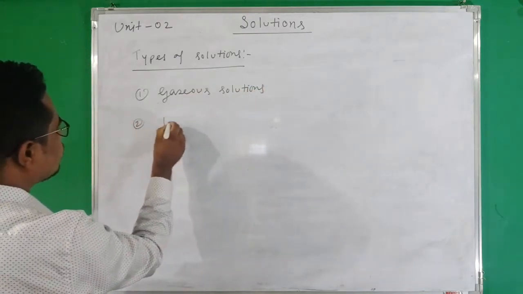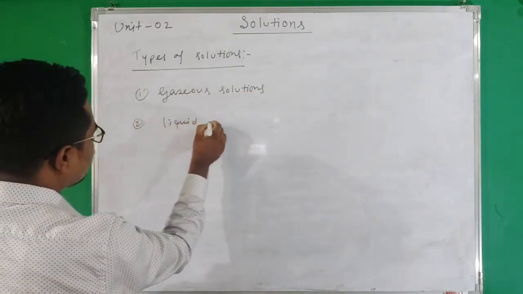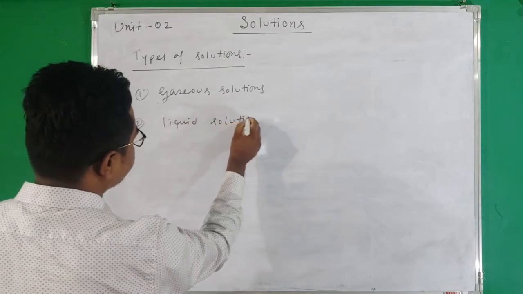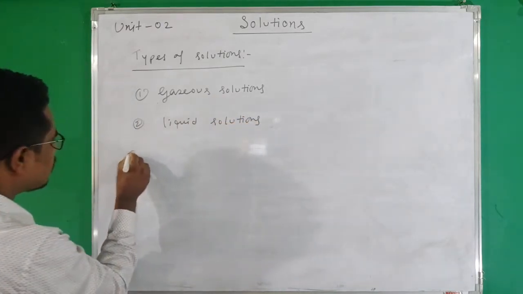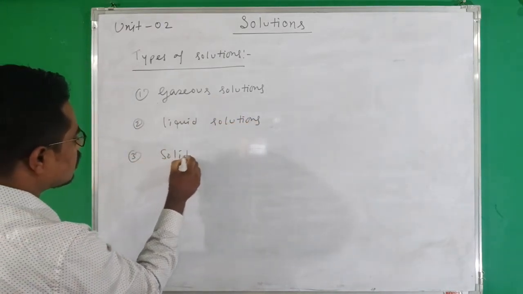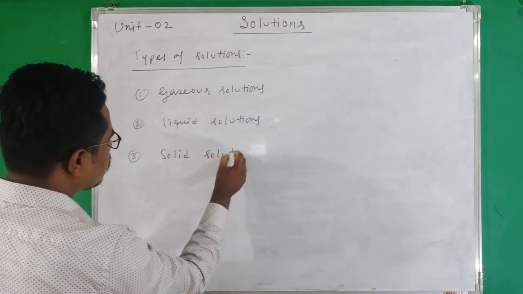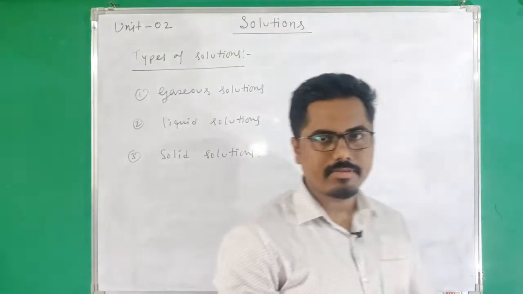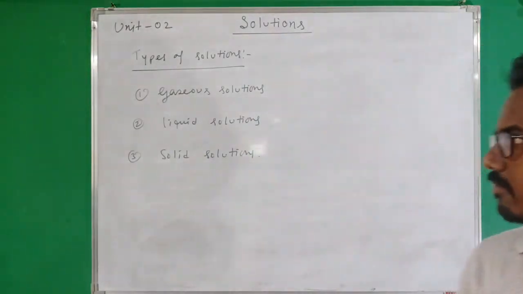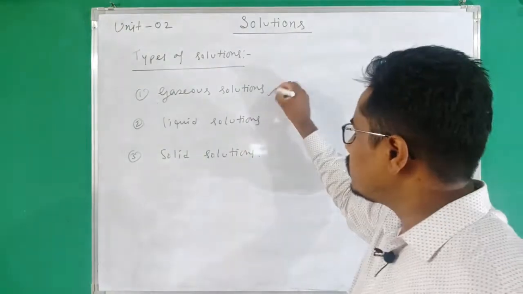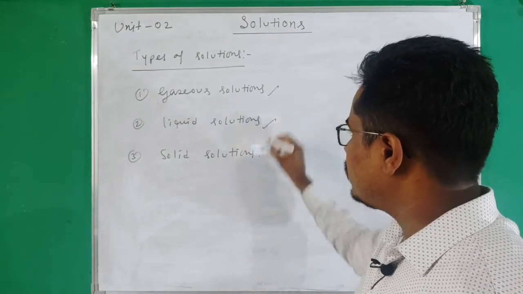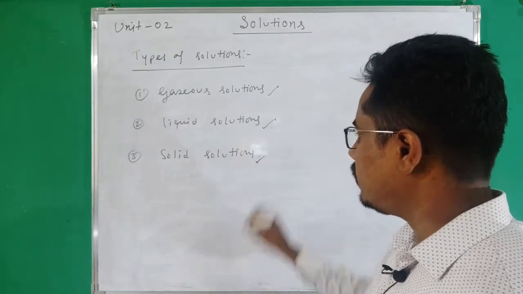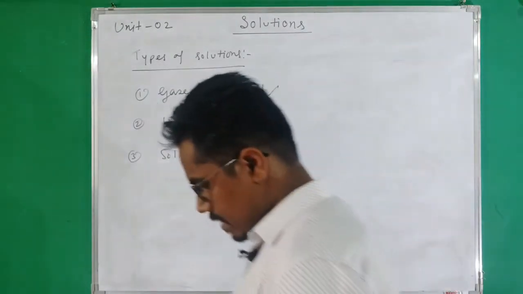After that, liquid solutions. Then solid solutions. So we can say that solutions are classified into three types: first gaseous solutions, then liquid solutions, then solid solutions.